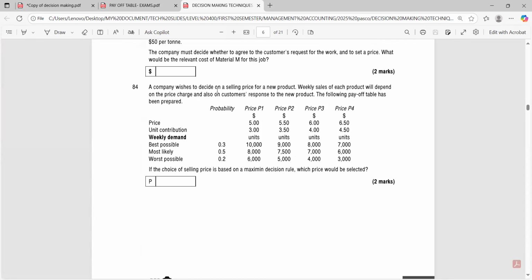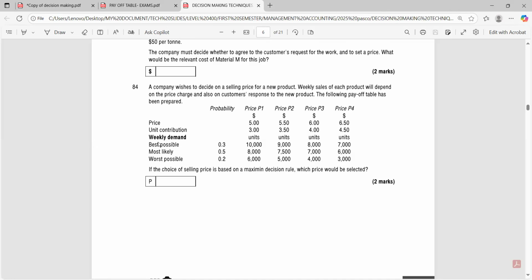The following payoff table has been prepared. Weekly demand in units. You see the probabilities, where the probabilities are. They are before the market conditions. And now we have price 1, price 2, price 3, price 4. These are the decision options that you're faced with.